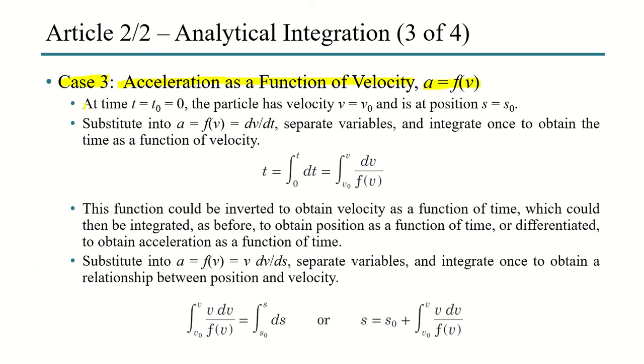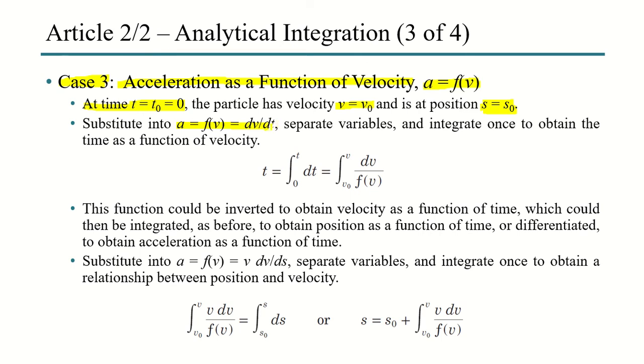We assume here that at time t equal to t sub 0, or t sub 0 is equal to 0, the particle has a velocity v equal to v sub 0, and is at the position s equal to s sub 0.